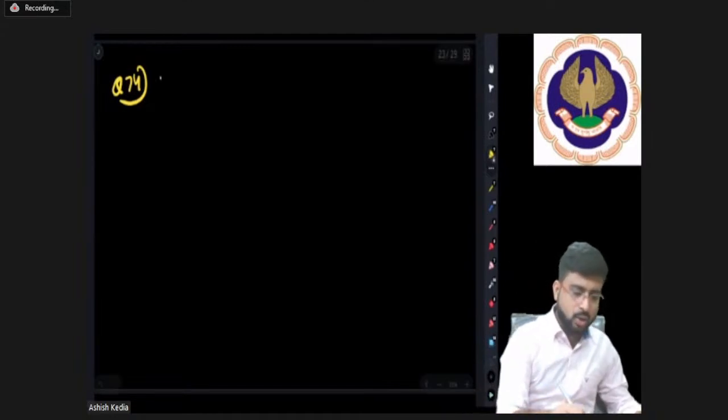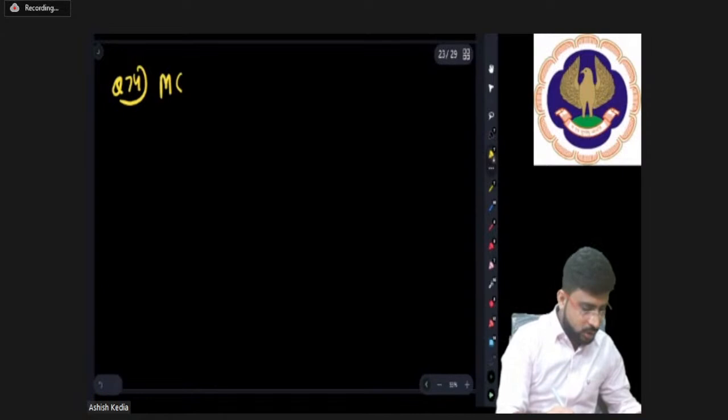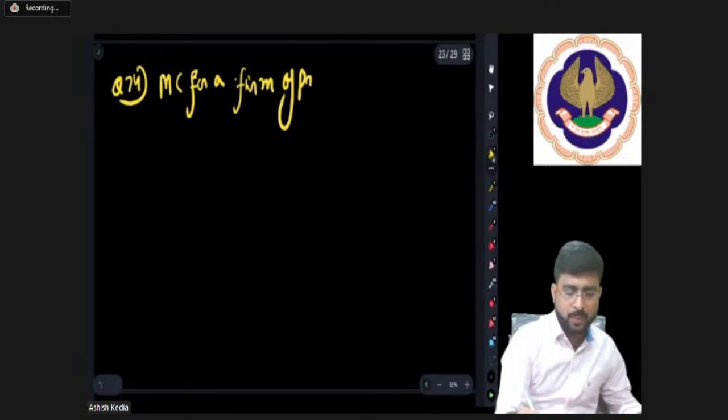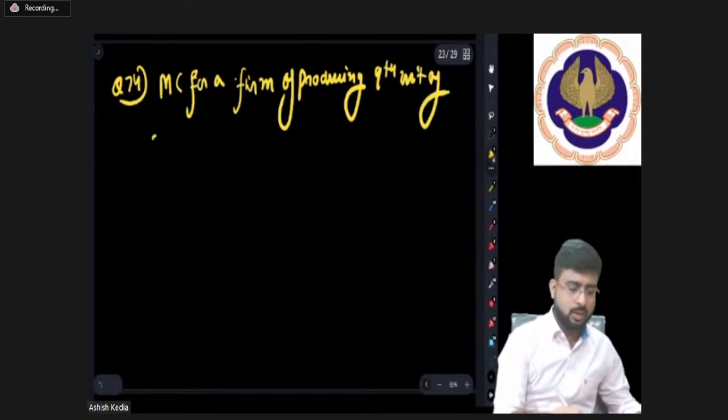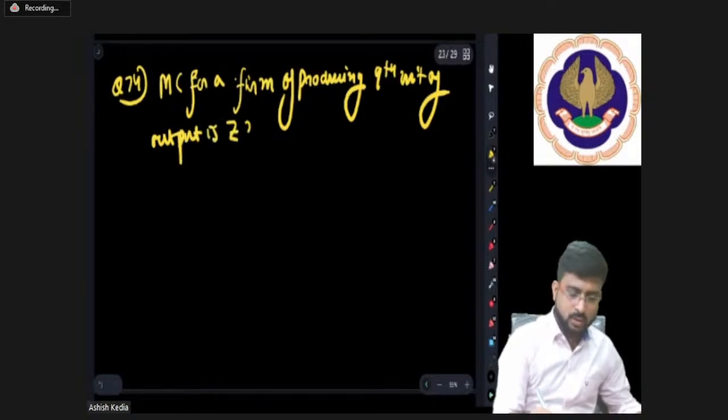The marginal cost for a firm of producing the 9th unit of output is rupees 20.